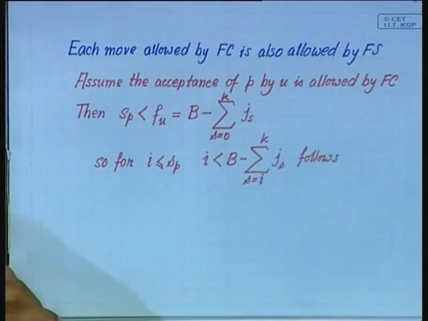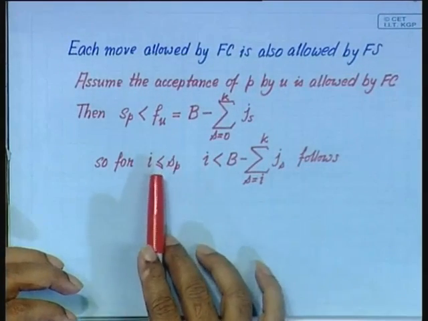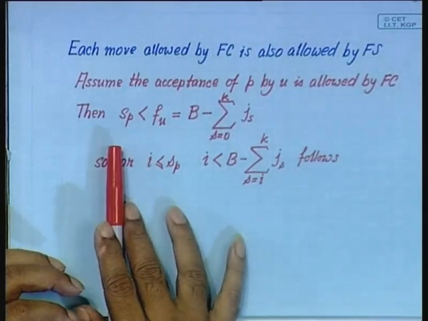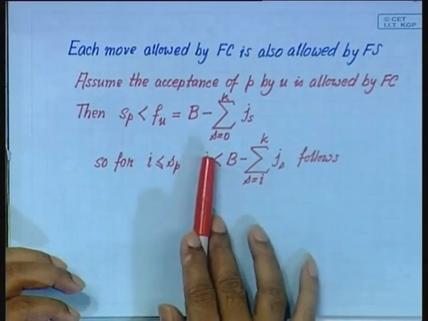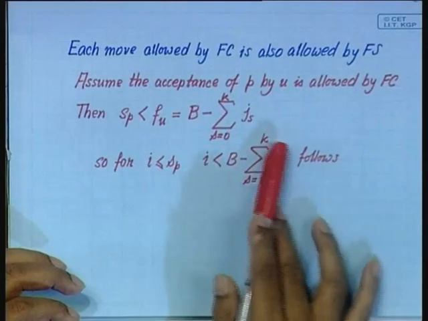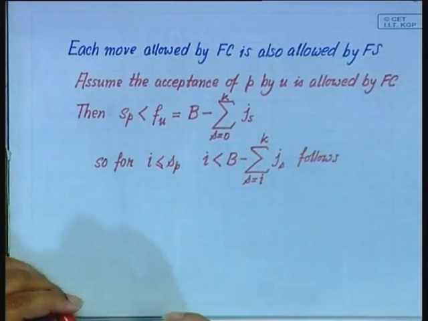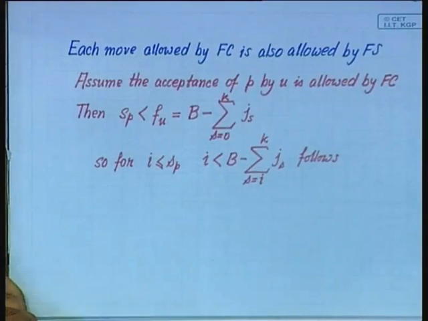So, that is why for all I less than or equal to SP, I will have I less than B minus the sum over S equal to I to K of Js, right.